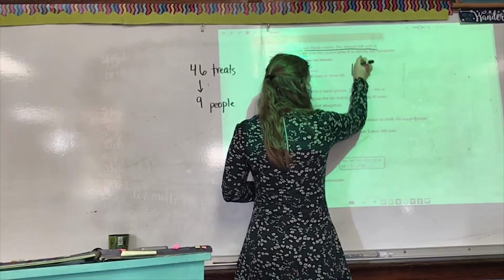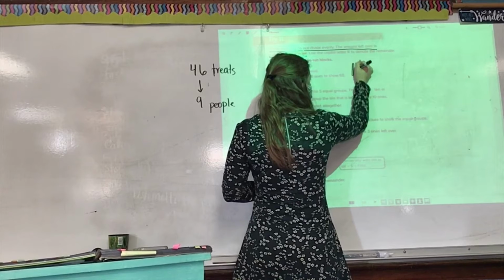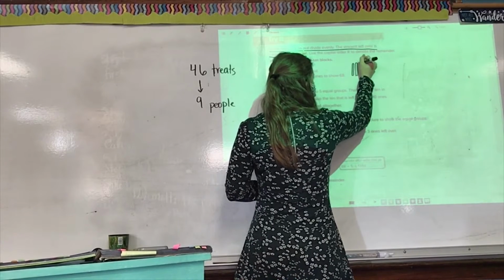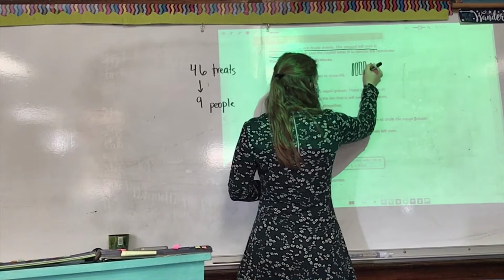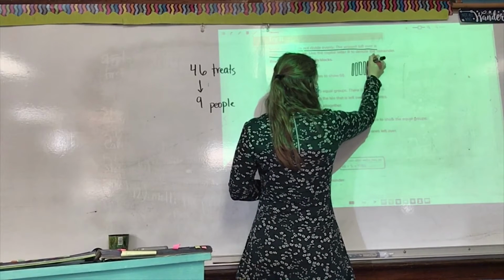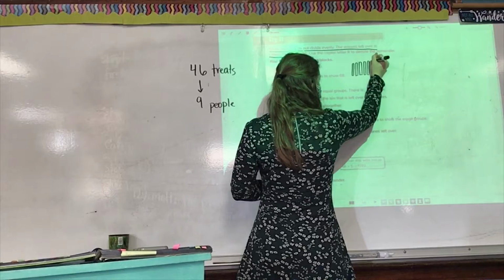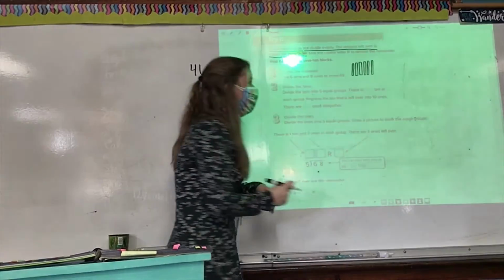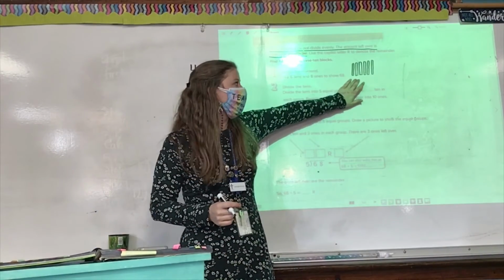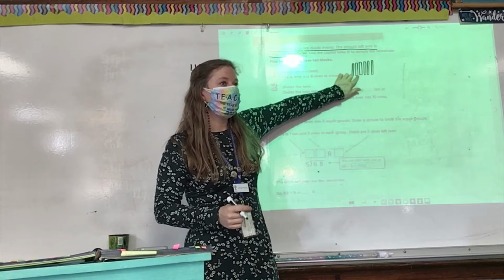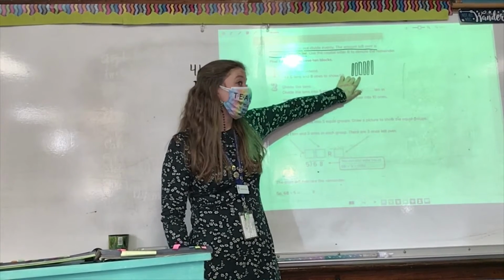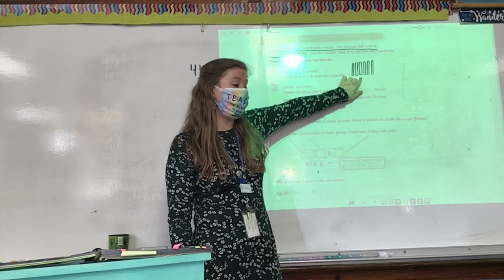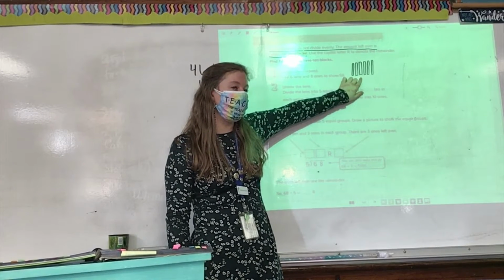So everybody draw it with me. 1, 2, 3, 4, 5, and 6. So this models what number, Mason? The tens. What number does this model? What number does this show? 6. This shows we have 6 ten rods, which is equal to what?